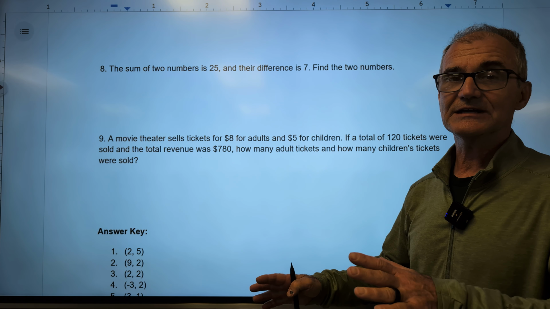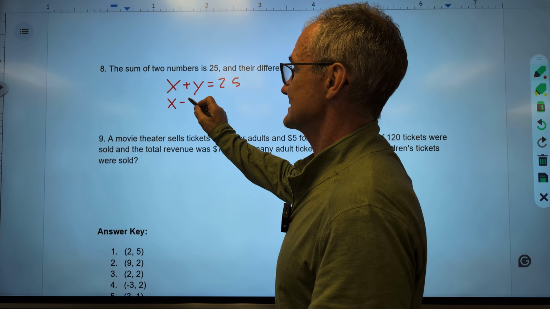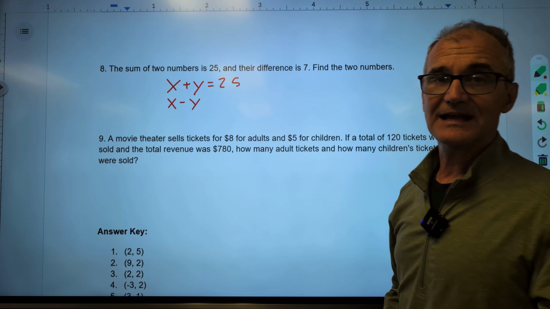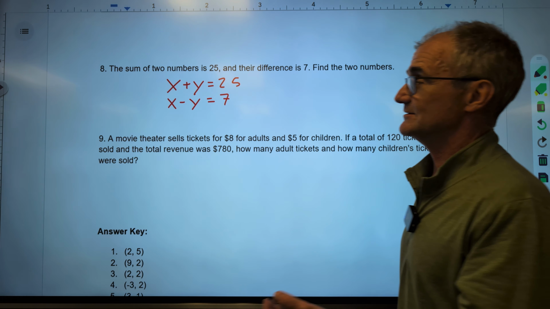Okay, let's do number 8 here. The sum of two numbers, so that means I'm going to have my x and a y. Sum of two numbers is, remember that's equals 25, and their difference is 7. So x minus y, that is difference, and their difference is 7. I could do this two ways, right?